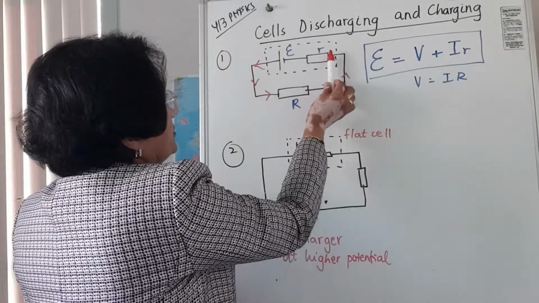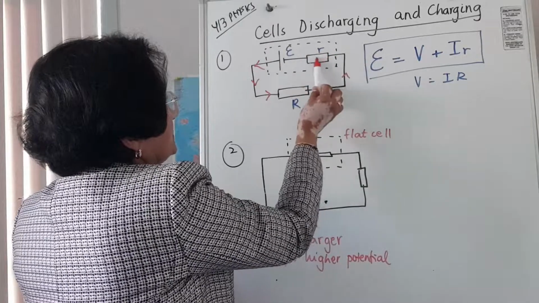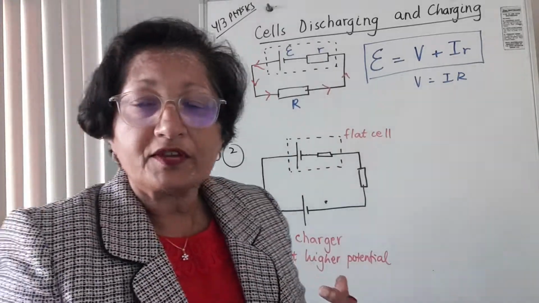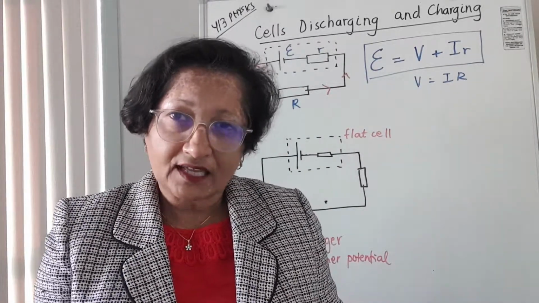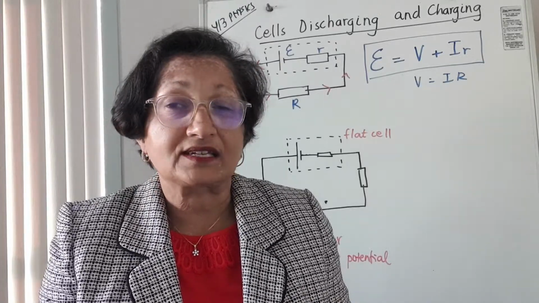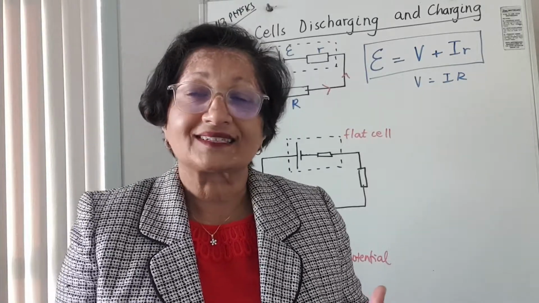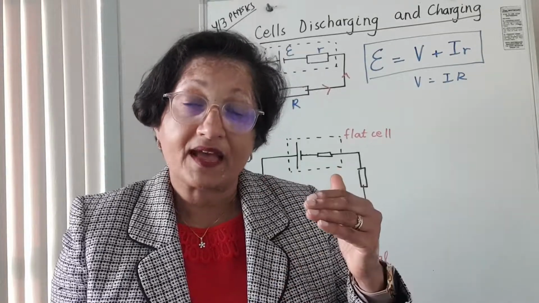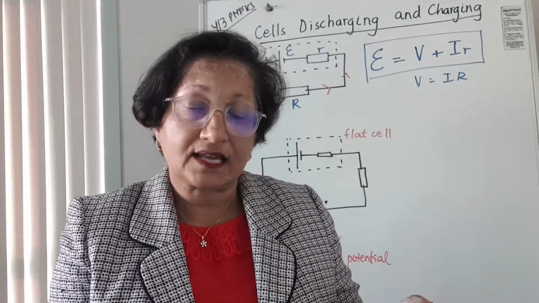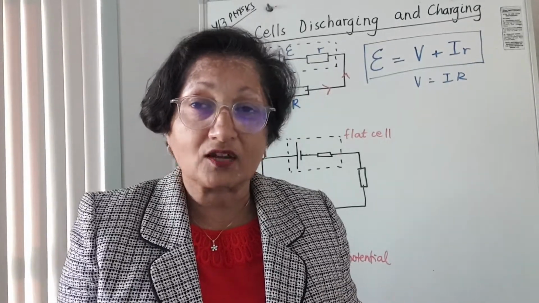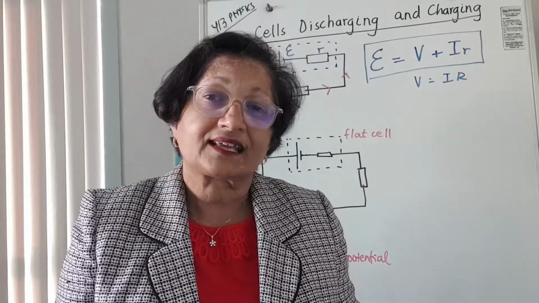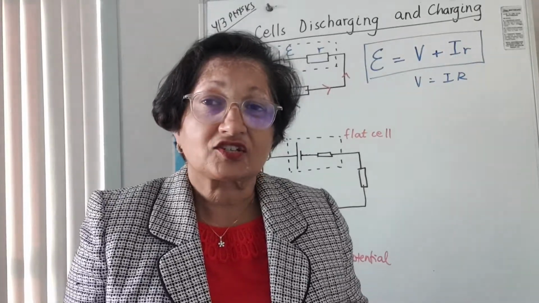Over a period of time, the chemicals get used up and chemical reactions take place, so the internal resistance of an old cell goes up, and it cannot supply enough energy to the external circuit. If you try lighting a lamp using an old cell, it's going to be dim or not glow at all.